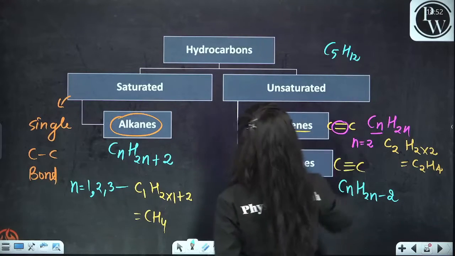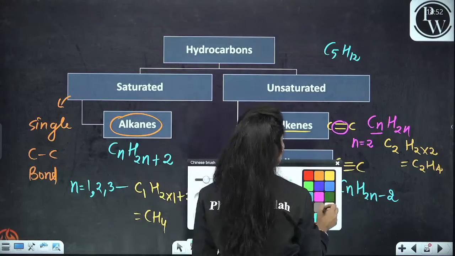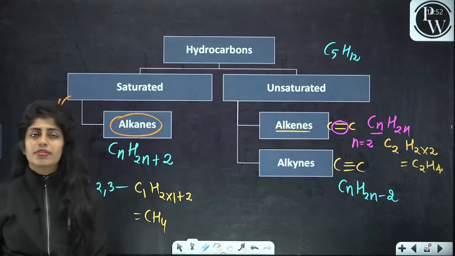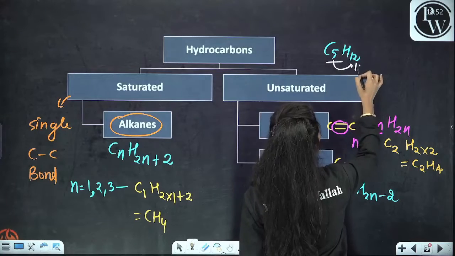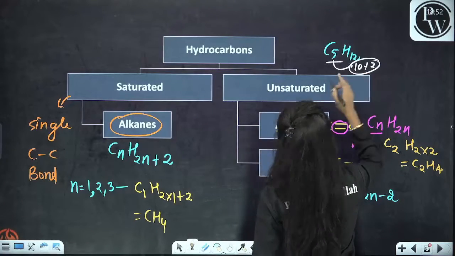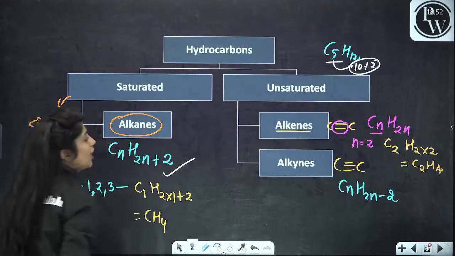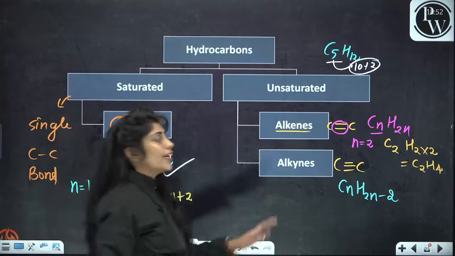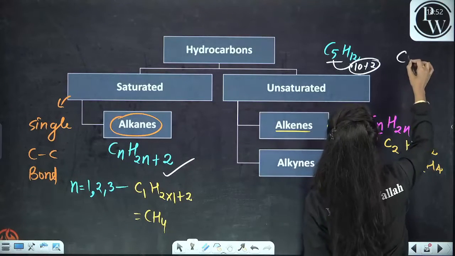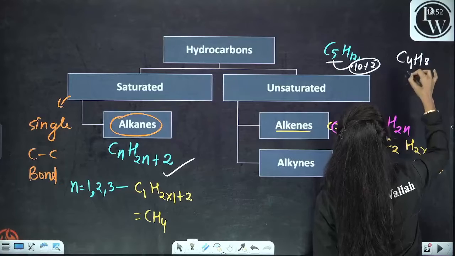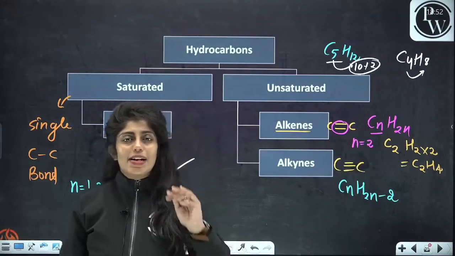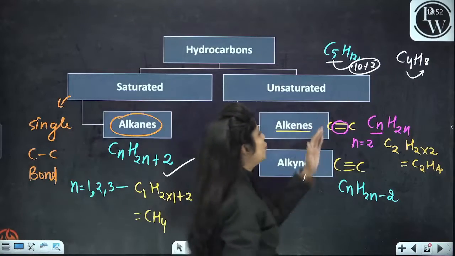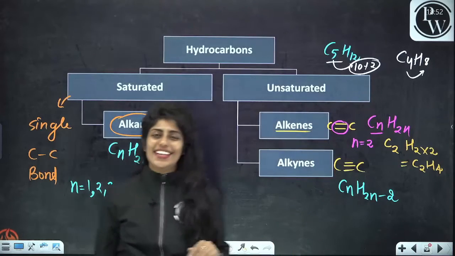Can you tell me if it's alkane, alkene or alkyne? I will give you one trick. Simple: 5 twos are 10, 10 plus 2. So plus 2, that's alkane. Suppose I am writing C4H8. 4 twos are 8. No plus, no minus. Multiple of n. That is your alkene, right?